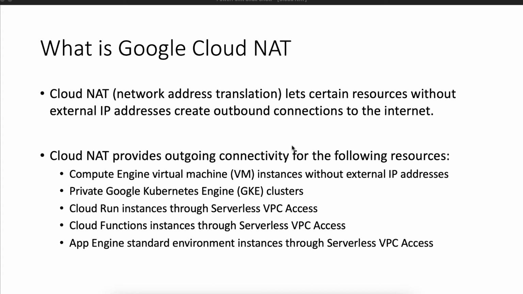It's only one way, it is outgoing. You go to the internet, you fetch the updates and download them, and it's all done. But nobody can initiate an inbound connection from the internet to your virtual machine to SSH, or if you have a website or something running there, they can't directly reach your EC2 instances or your virtual machines.